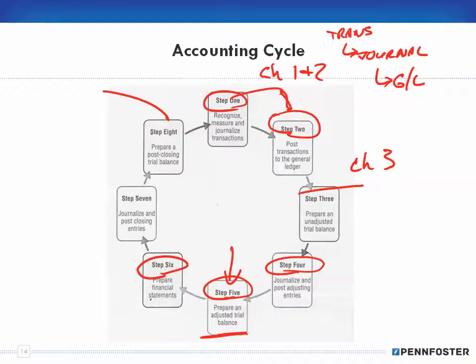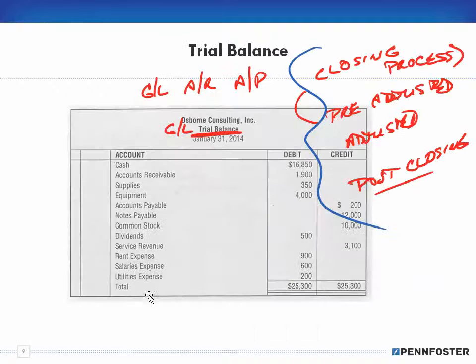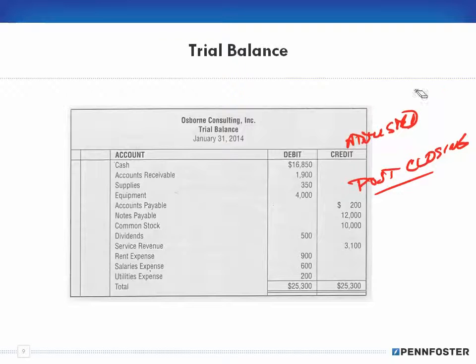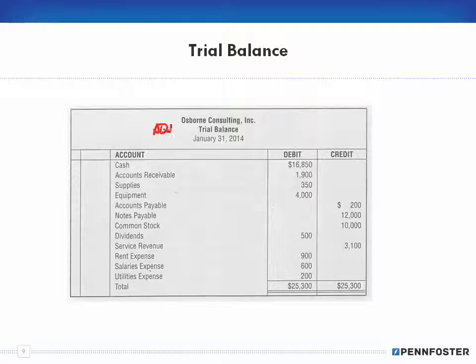When we were looking at these, from this trial balance, this here was our adjusted trial balance. And that's how I would have labeled this, adjusted trial balance.